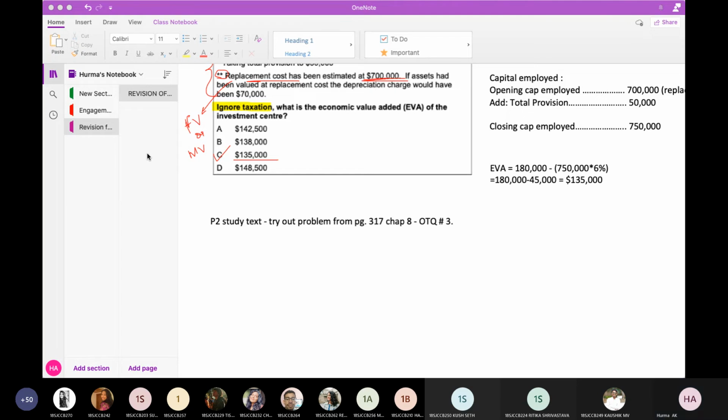In the P2 practice kit, question number 132 on page 50, try that.